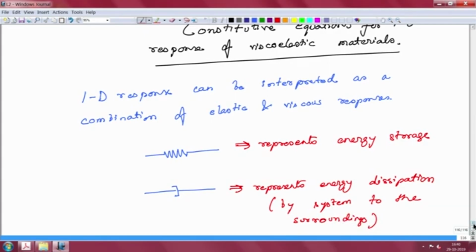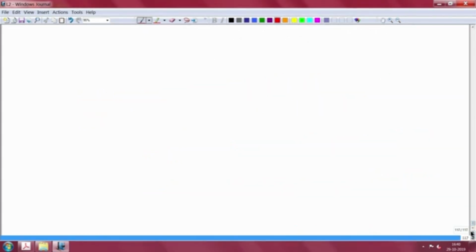So, that will help us create the first and simplest of the viscoelastic models.